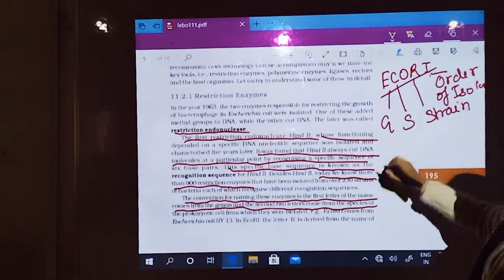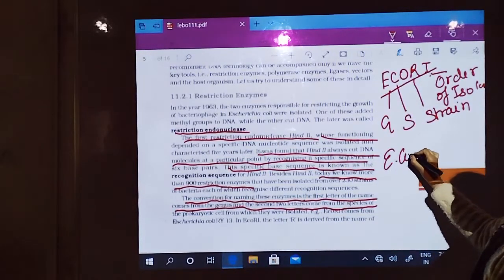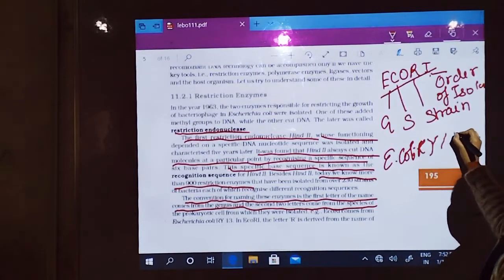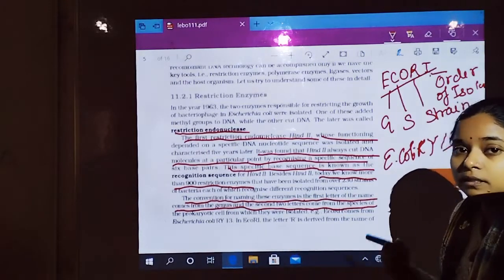So EcoRI was first isolated from Escherichia coli RY13 strain.